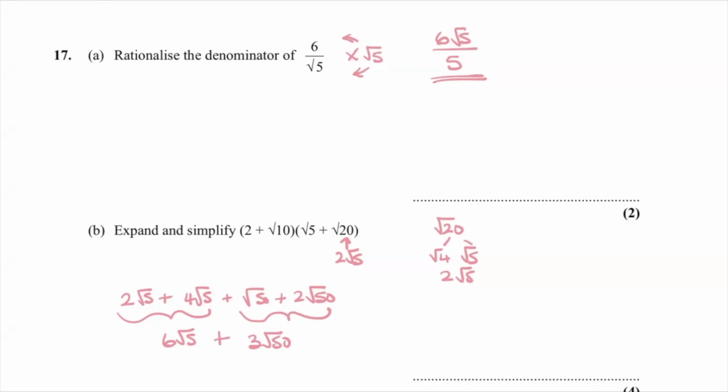So that is an answer, but it's not fully simplified because this third will cancel further. I can break this up into root 25 root 2. And obviously the root 25 will turn into 5. My whole numbers get multiplied to create 15. So the whole thing tidies up to 6 root 5 plus 15 root 2.